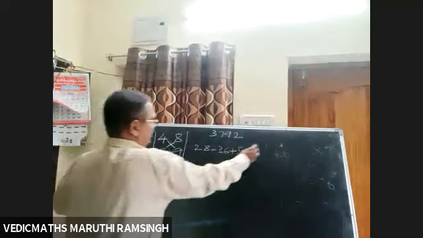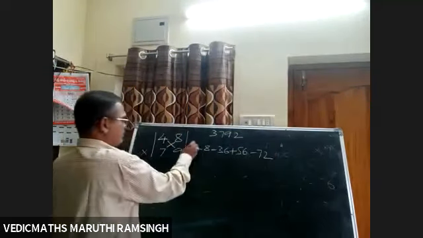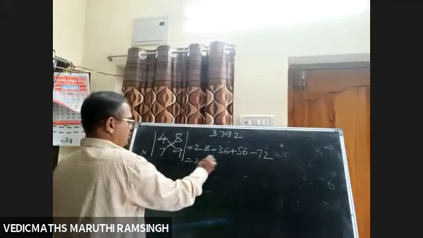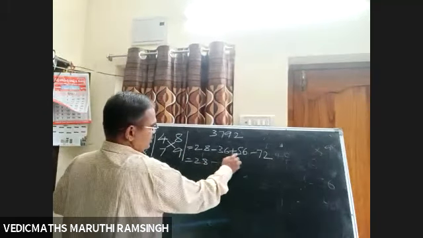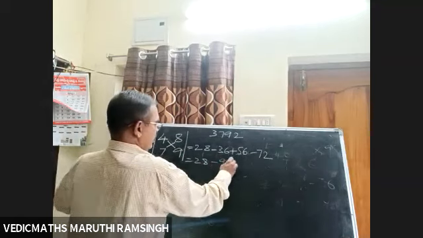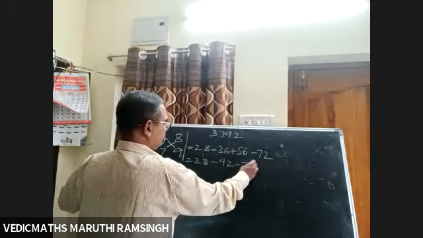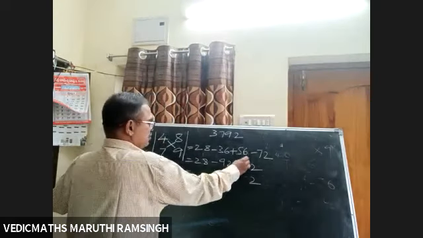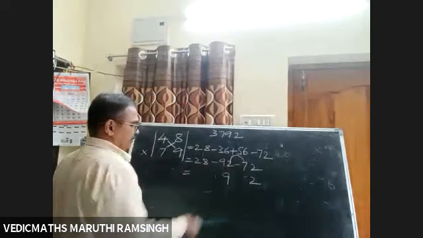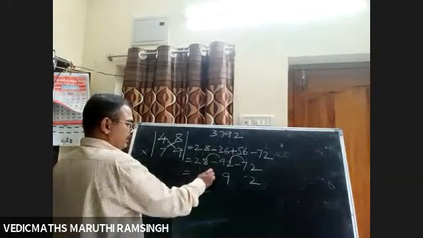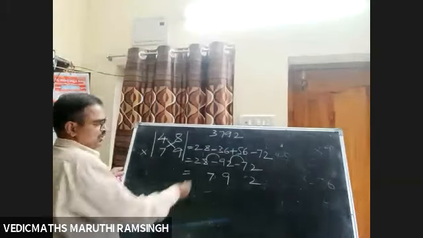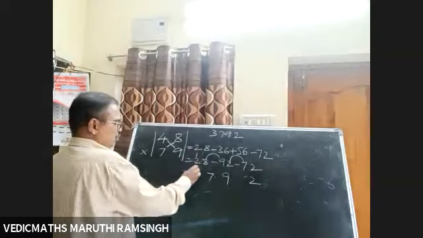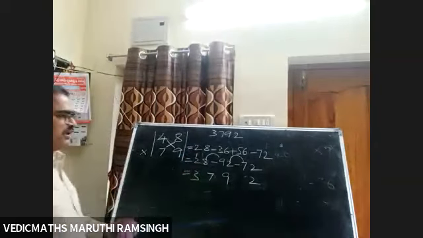Right side vertical 8 9s are 72. 28 dash 92 dash 72. 2 comes out. 7 plus 2, 9. 9 plus 8, 17. A double digit number. 2 plus 1 is 3. 3792 is the answer.